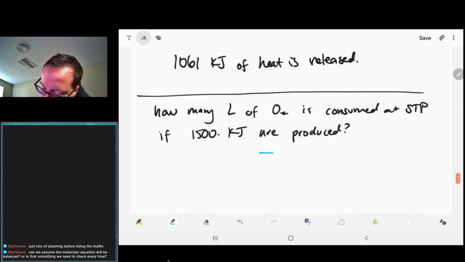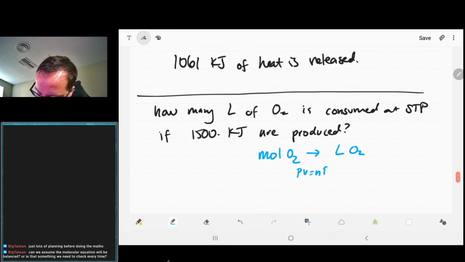We know we're going to end up with moles of oxygen at some point here. We are asked for liters of oxygen, which is going to be our gas law.